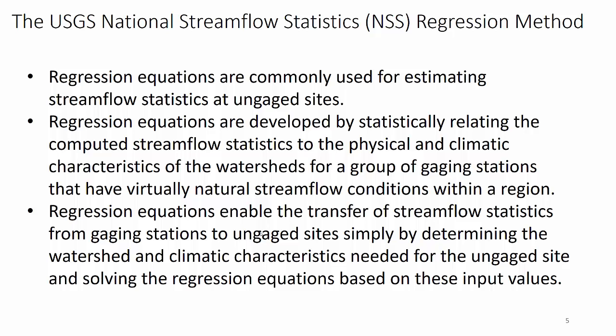Regression equations enable the transfer of streamflow stats from gauging stations to ungauged sites. Remember, that's the condition 5 that we're almost always operating in, where we have no data, simply by determining the watershed and the climatic characteristics needed for ungauged sites and solving the regression equations based on these input values. That's our approach for NSS.